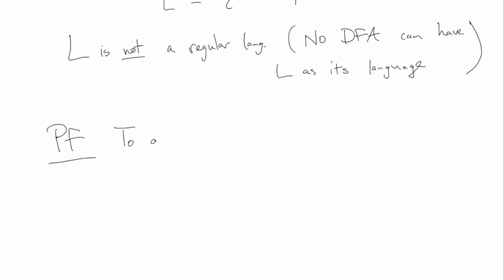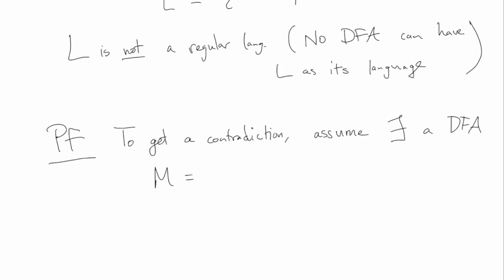So I'll start by saying something like, to get a contradiction, assume that there is a DFA. There exists a DFA M, and I'm going to write, would you mind if I write out the parts of it? Q, sigma, delta, Q0, and F. These are the 5 ingredients of a DFA.